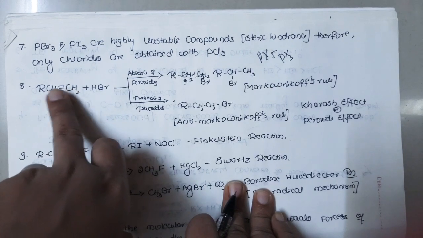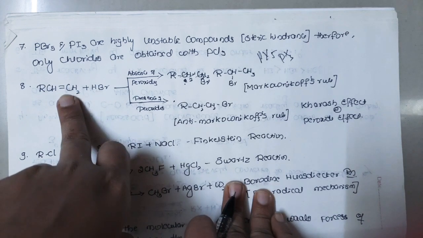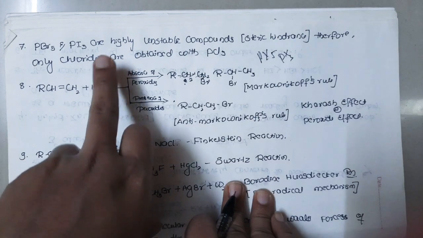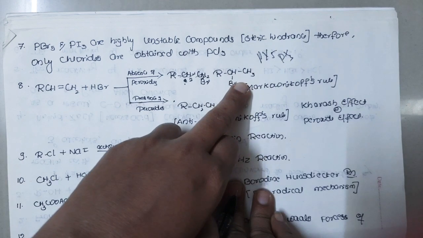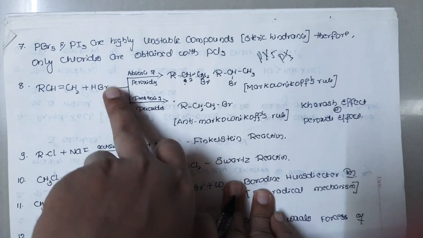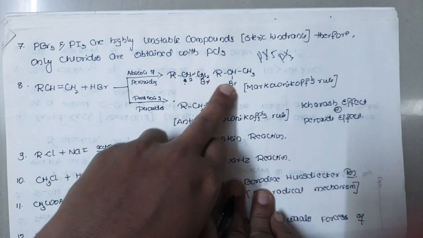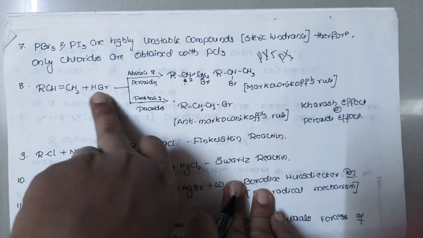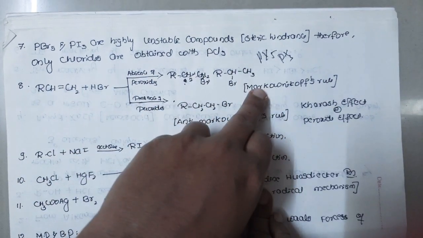On either side of the double bond we have a different number of carbon atoms. When treated with hydrogen bromide in the absence of a peroxide, I get the secondary product. Means the bromide, the negative part of the adding molecule, attaches to the carbon containing the least number of hydrogen atoms. This is Markovnikov's rule. So the hydrohalogenation of an unsymmetrical alkene in the absence of a peroxide follows Markovnikov's rule.